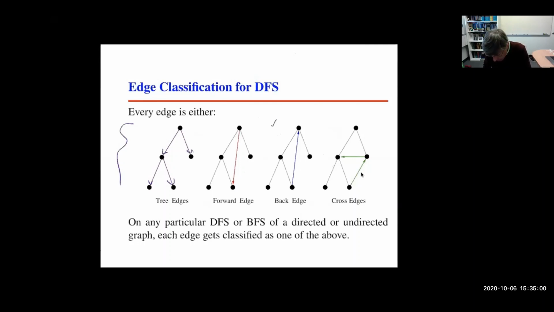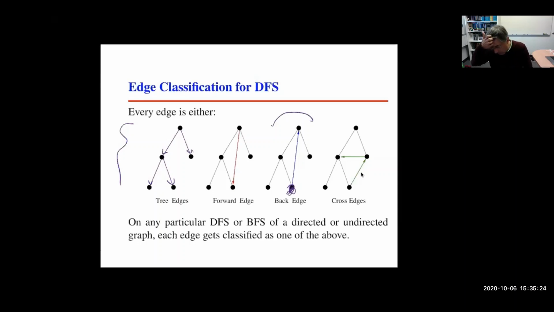Some edges will be back edges, meaning they go to an ancestor. Notice this edge: if I first walked on this edge when I process this guy, I go back to my grandparent. An edge that goes back to an ancestor is called a back edge.